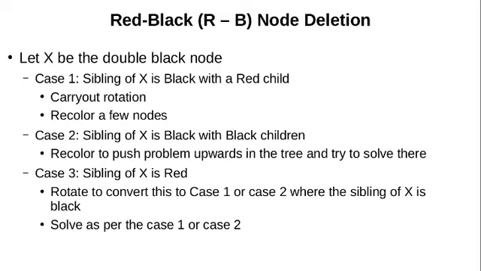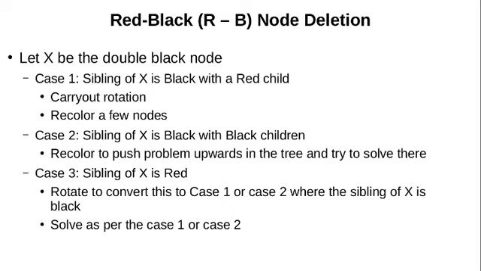In this case, we carry out rotation and recoloring to remove double blackness of X without violating the other red-black tree properties. Case 2 is the sibling of X is black with black children. In this case, the problem cannot be solved locally.